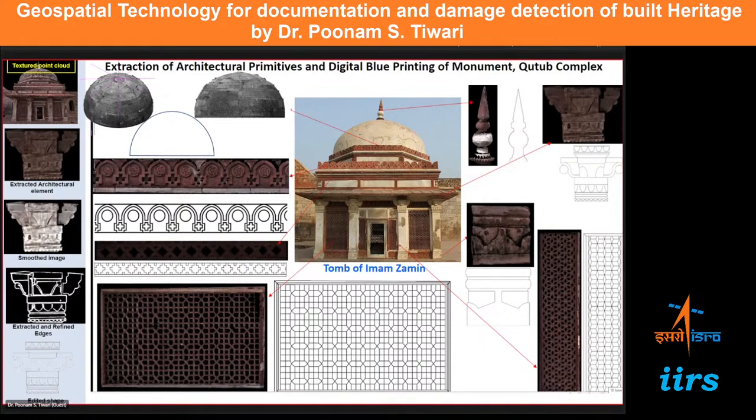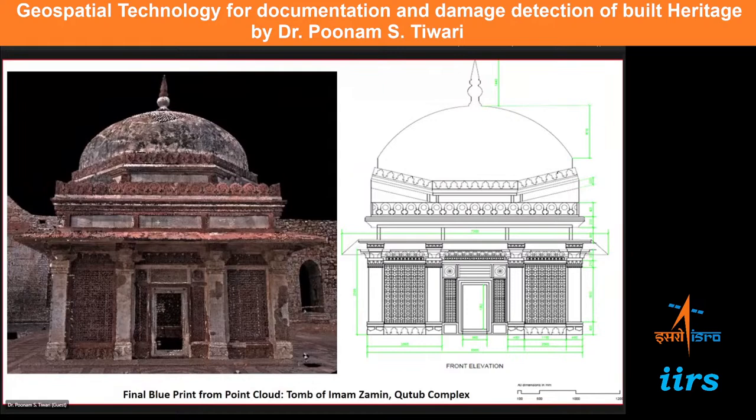So if you have created one primitive, you can go on copying it, and you can generate the entire line drawing. Similarly, all the line drawings for carving, for pillars, everything was extracted separately, and at the end, because they are all on scale, everything was integrated, and the final blueprint was generated using the point cloud.